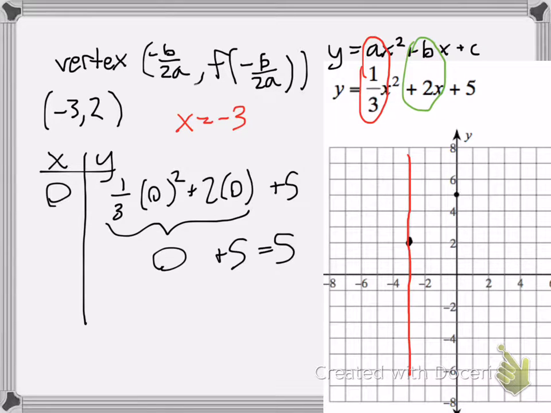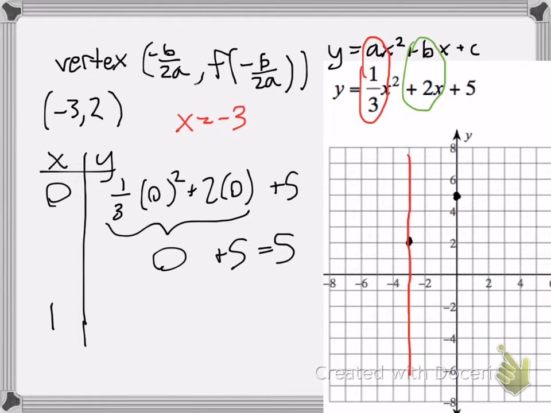So when x is 0, y is 5. And remember, again, graphing in standard form, you get to figure out what points you want to plug in for x to get your y points. So let's pick some points that make it easy for us. I can choose the x points, but then once I've made my choices, I need to make sure I'm doing the right thing to solve for y.